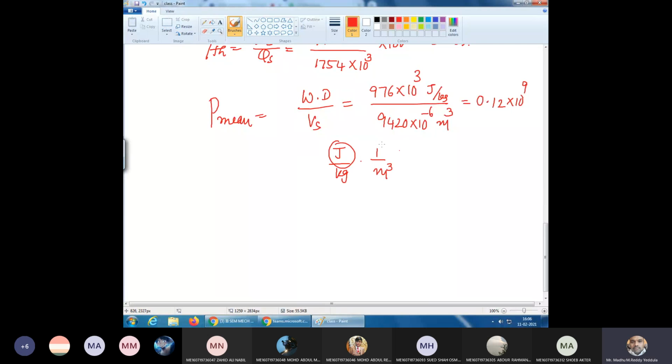We know that 1 joule is equal to 1 Newton meter. So 1 Newton meter by kg into 1 by meter cube gives Newton per kg meter square.